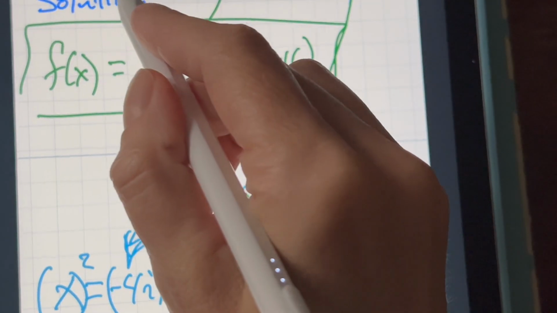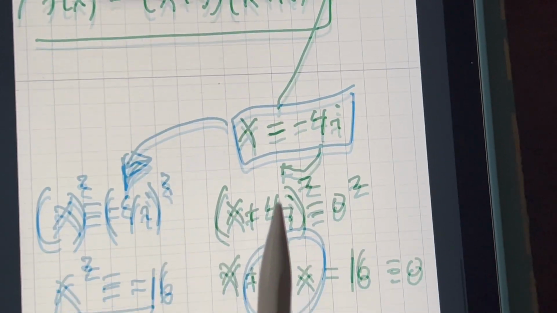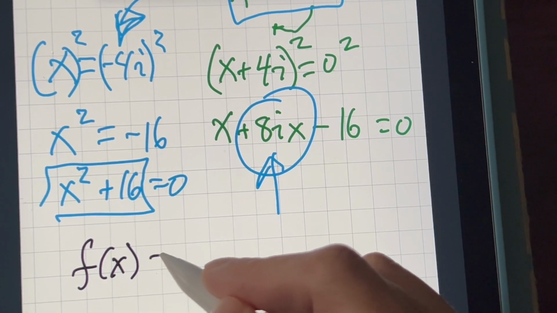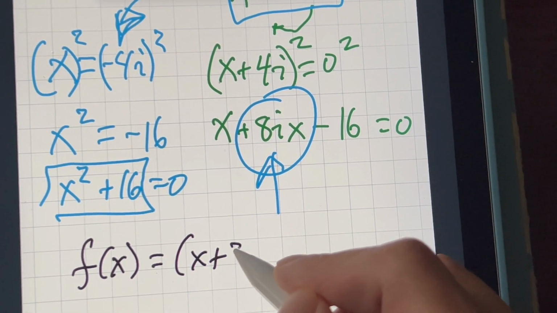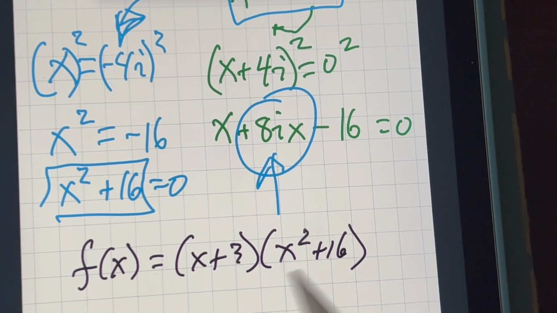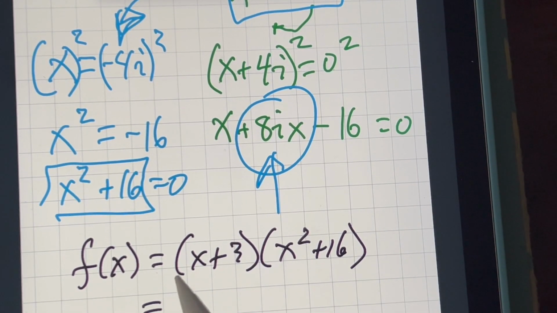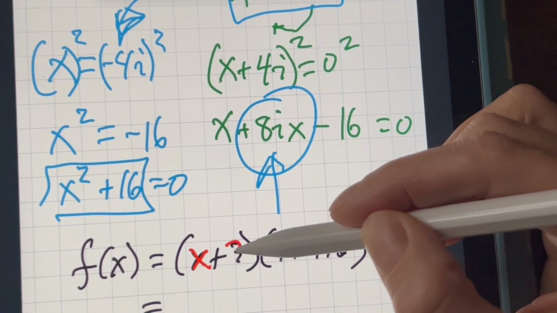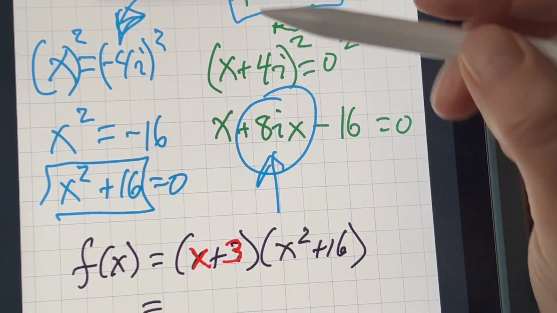But we have to make it in standard form. And then we're going to graph it and see if we're correct. So this is f of x equals x plus 3 times x squared plus 16. When we multiply this out, I'll make these red so you can see that whole set is red.